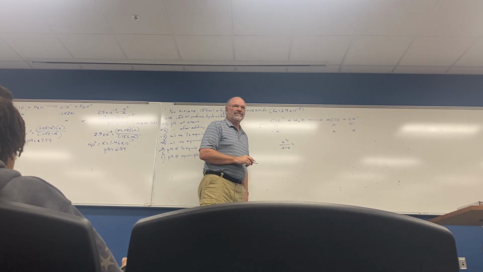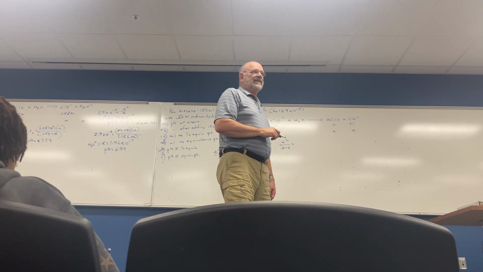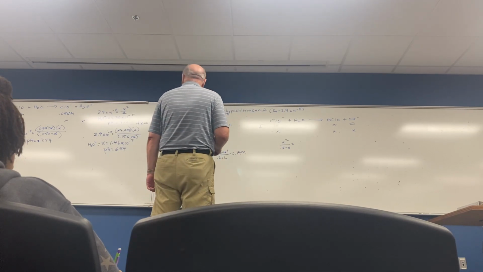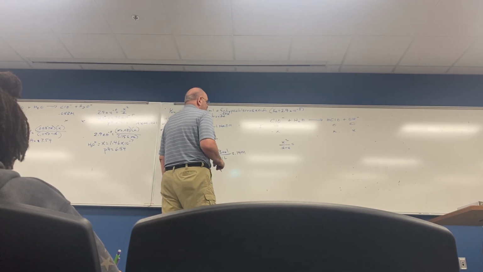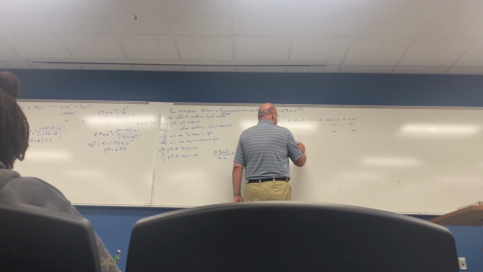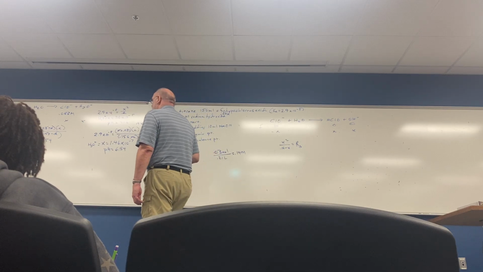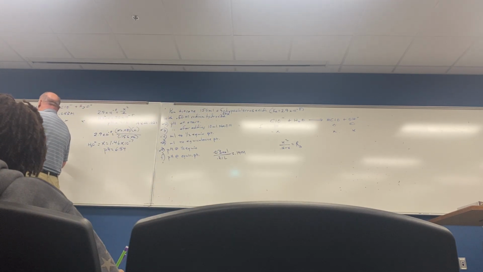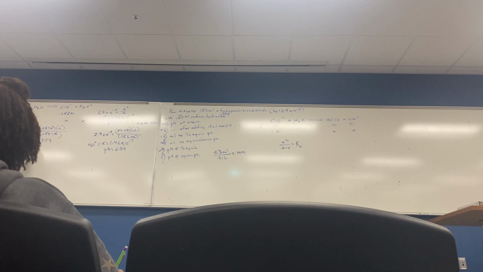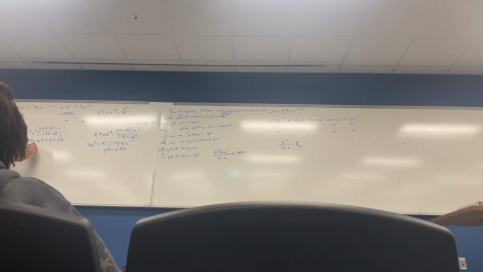What goes over here? 1 times 10 to the negative 14th over Ka. This is going to be my Kb, right? So if this is the pH at the half equivalence point, that means this is pKa. So pKb is going to be 6.46.